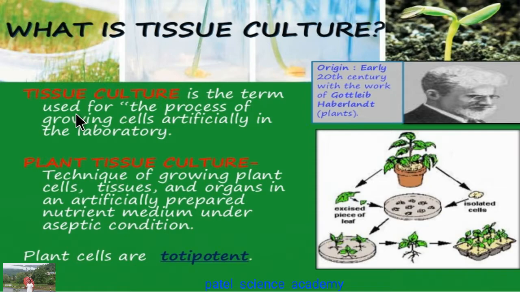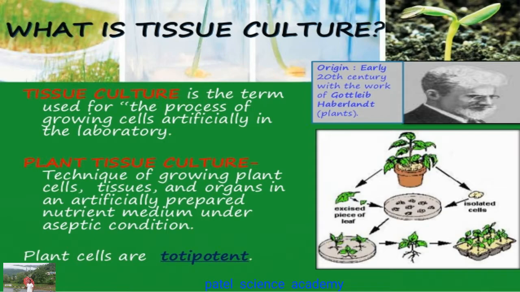It has emerged as a technique of plant biotechnology, where isolated cells, tissues or organs are grown in vitro, that is in laboratory conditions, not in natural conditions, on a solid or liquid nutrient medium under aseptic and controlled conditions of light, humidity and temperature for achieving different objectives.